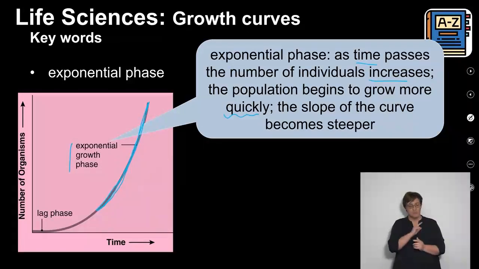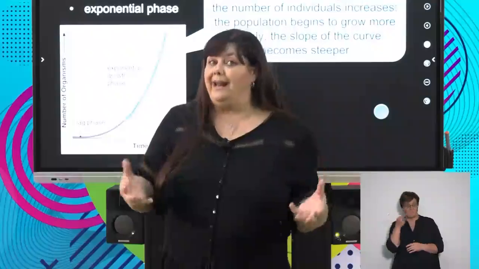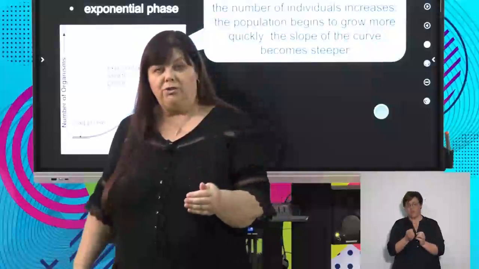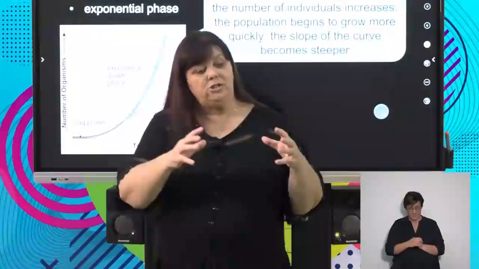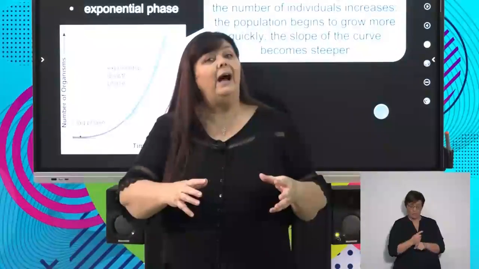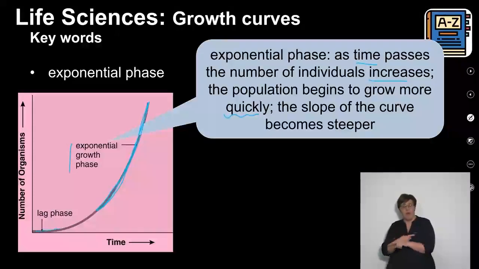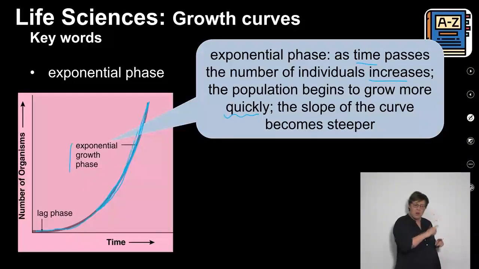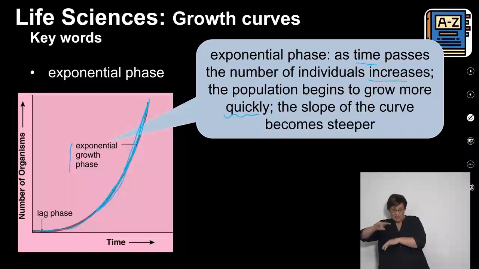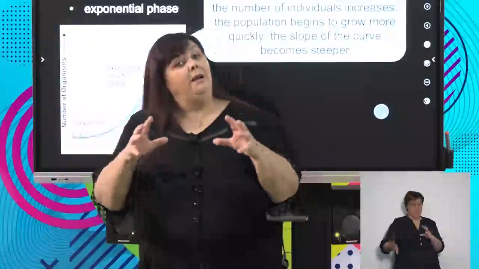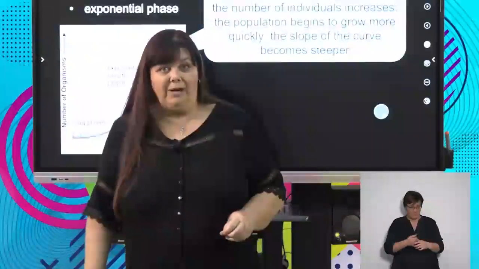And that's where we get the description or the name for this kind of growth curve, an exponential growth curve. Because we start with 1,000. After an hour, we've got 2,000. After another hour, we've got 4,000. So we're starting slowly, but eventually we're going to see that this skyrockets in terms of how many bacteria are being added to our population.